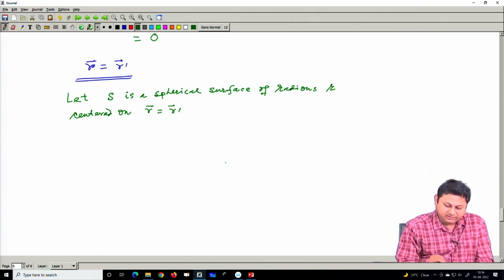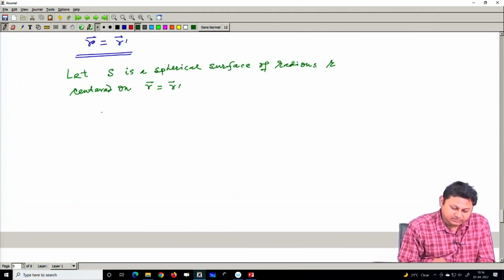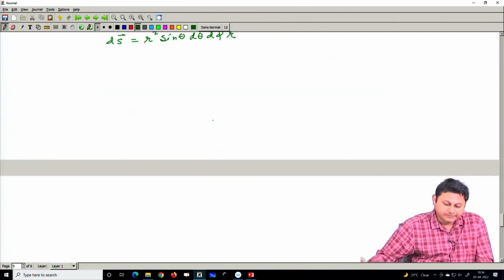I have a spherical surface whose center is at r equal to r prime with radius r. Now, if I want to calculate the surface element ds, it should be simply r square sin theta d theta d phi and then the r unit vector. This is the surface element we know well.